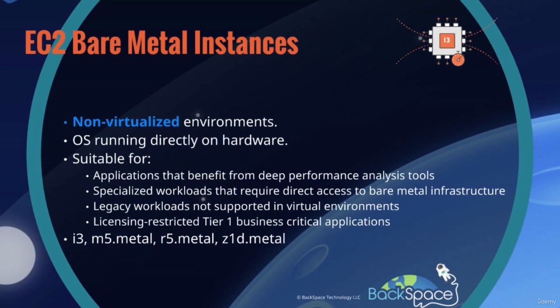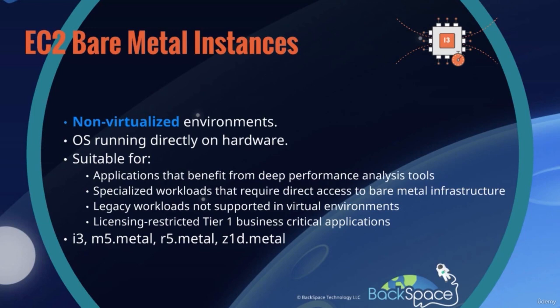EC2 bare metal instances are running on a non-virtualized environment, and the operating system is running directly on that EC2 physical hardware. It's particularly suitable for applications that benefit from deep analysis of the performance of the underlying hardware, or specialized workloads that require direct access to that physical hardware as well.